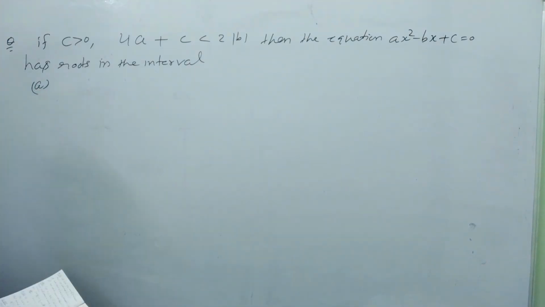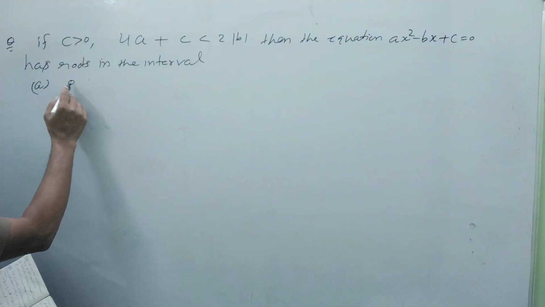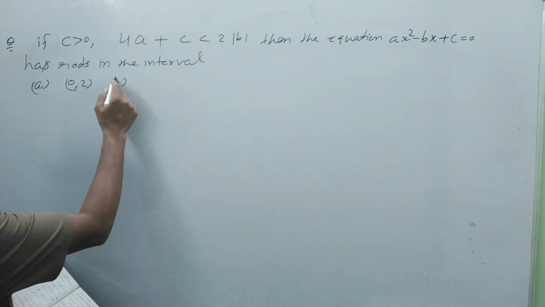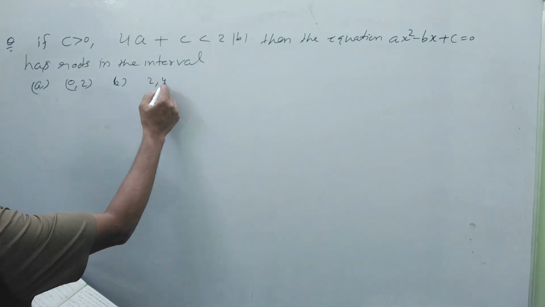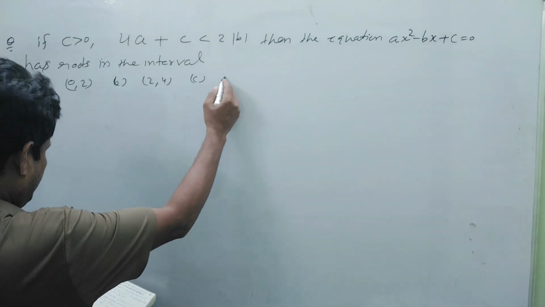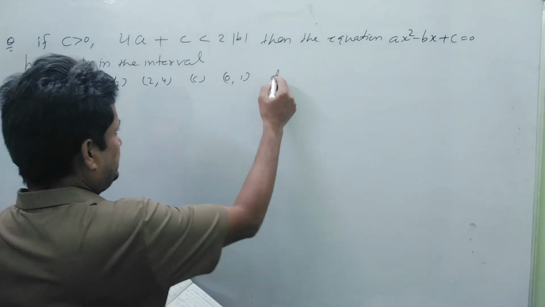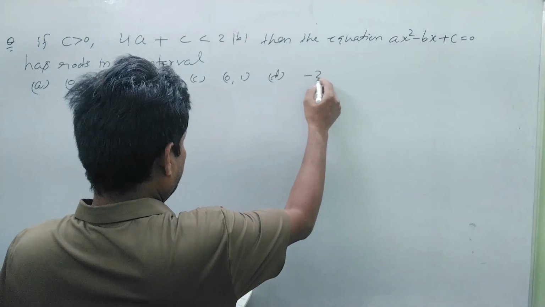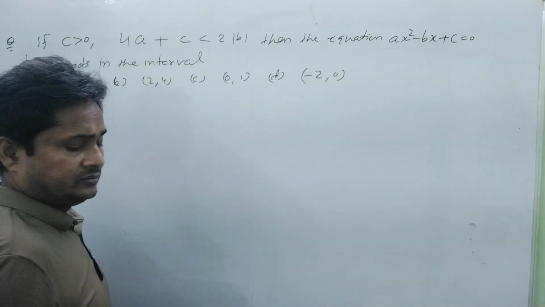Options are given: A, 0 to 2; B, 2 to 4; C, 0 to 1; and D, minus 2 to 0.